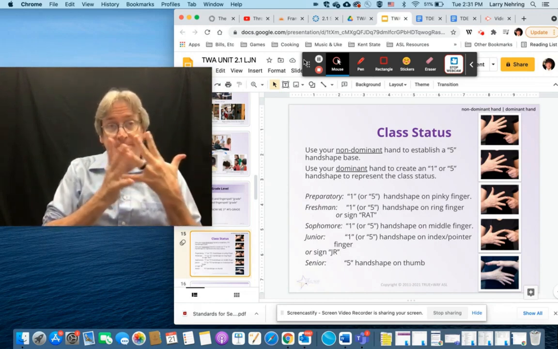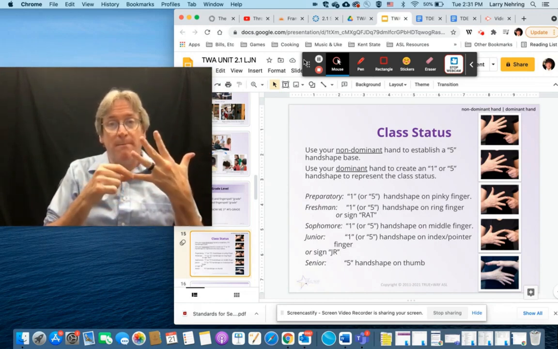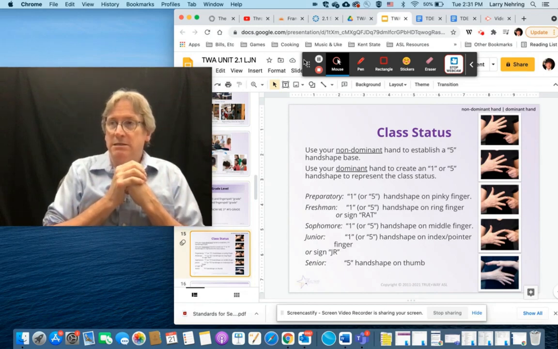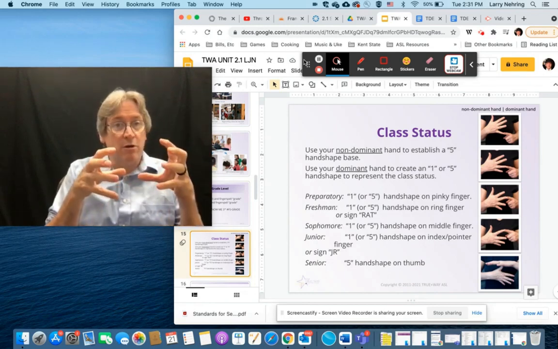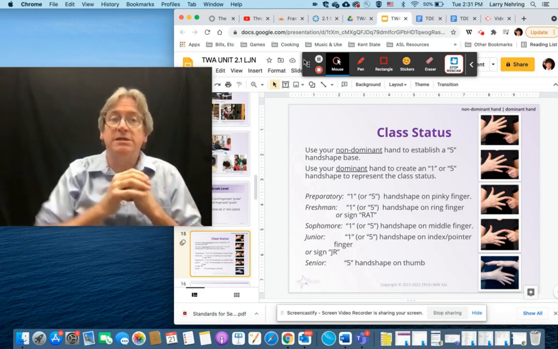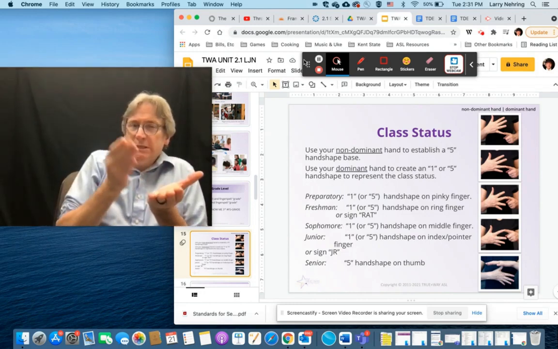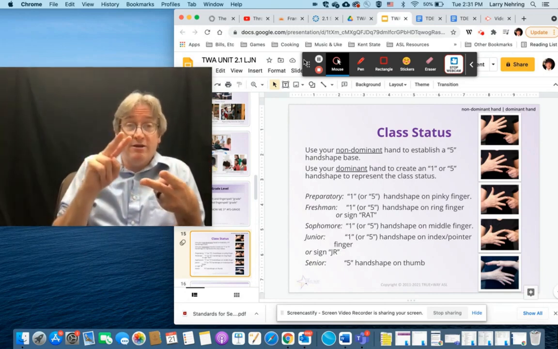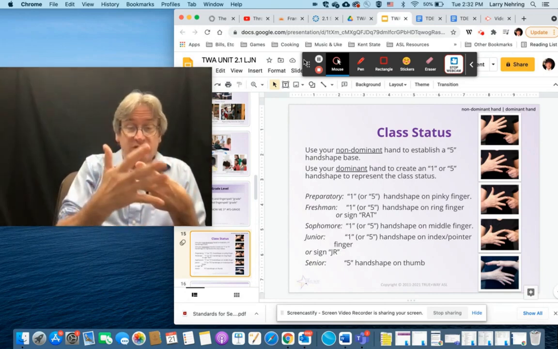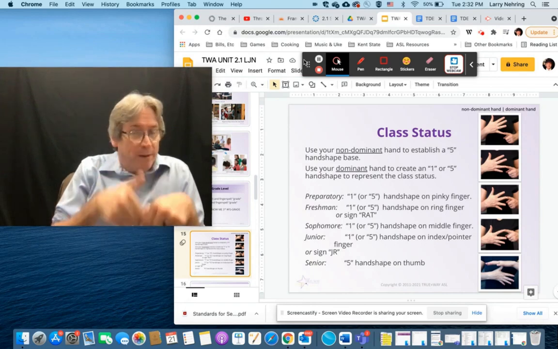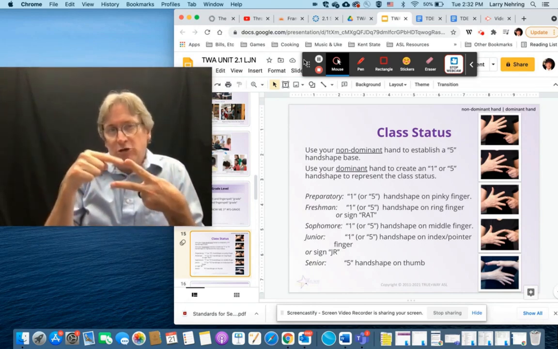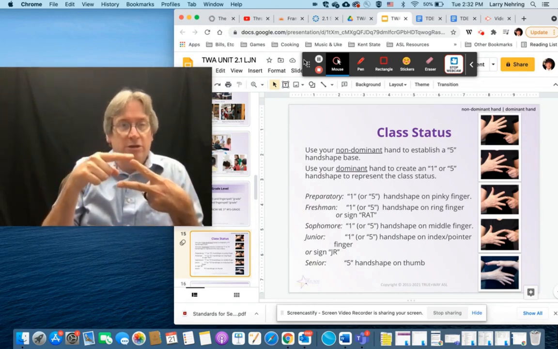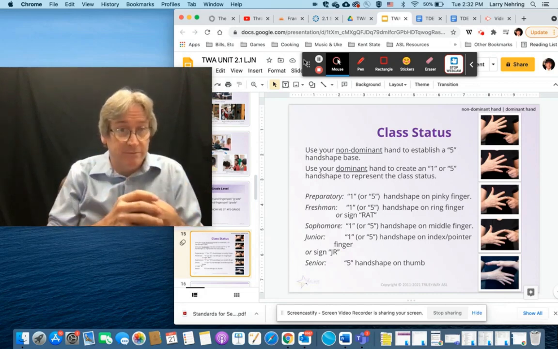The pinky is used for preparatory. And it comes from the fact that there are a lot of deaf higher education programs that have found that there's a real need, usually specifically for math and English, that deaf students are graduating, are being passed on and really not being grounded in English and math at the collegiate level.